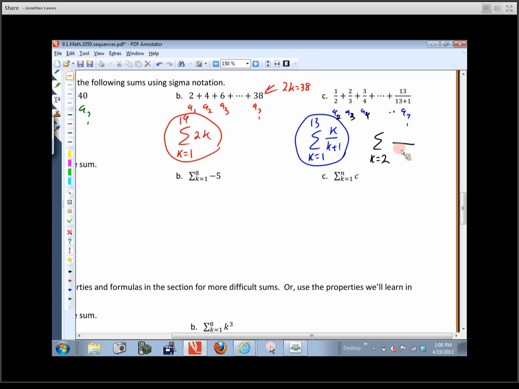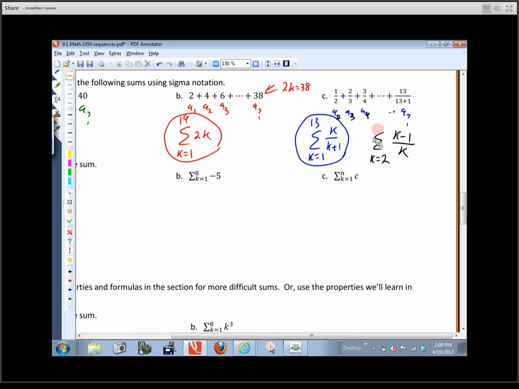The bottom is 2, 3, 4. So it's whatever k is. How is the top, don't say anything out loud, how's the top related to the bottom? Think about this. How's the bottom related to the top? We knew what to do here. How do we kind of do this in reverse? How's the top related to the bottom? It's 1 less. So this is going to be k minus 1.